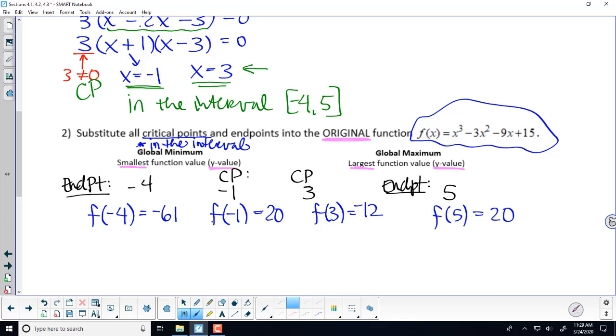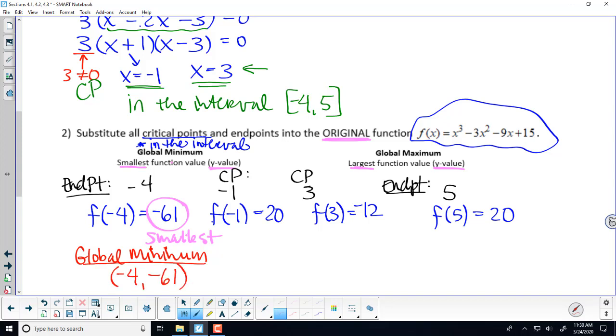Okay, so you're looking for the largest y value and the smallest y value. Let's go with the global minimum, the smallest function value. Which of these is the smallest? -61. Okay, so that tells me that I have a global minimum. The point on the graph is (-4, -61).